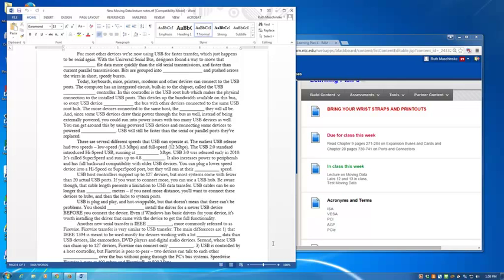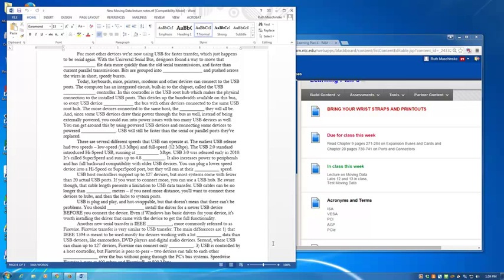USB 3 was released early in 2010. It's called Super Speed and runs up to 5 gigabits per second. It also increases power to peripherals and has full backward compatibility with older USB devices. You can plug a lower speed device into a high speed or super speed port, but they will run at their slower speed.